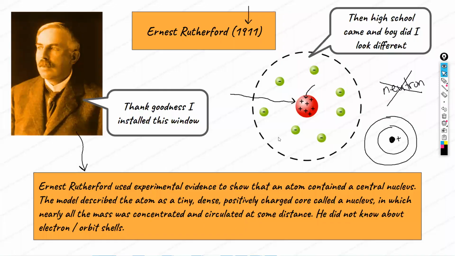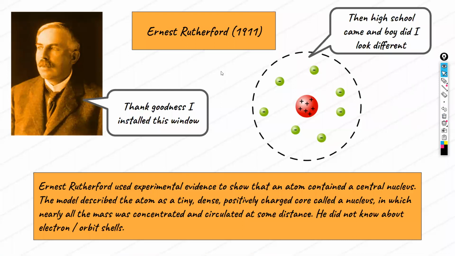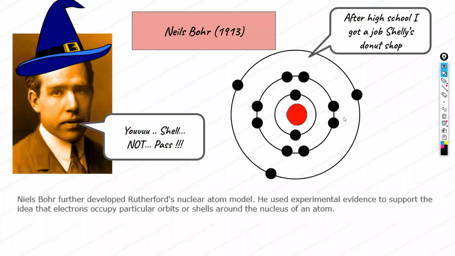So let's move on now, because we still have other things to discover about the atom, the shells, the neutrons. So let's see who did this in history. Next on the list is Niels Bohr in around 1930. He did experiments to figure out, look at his model.